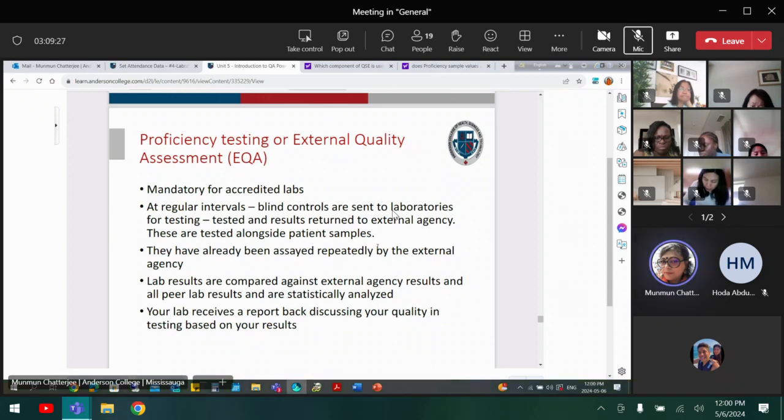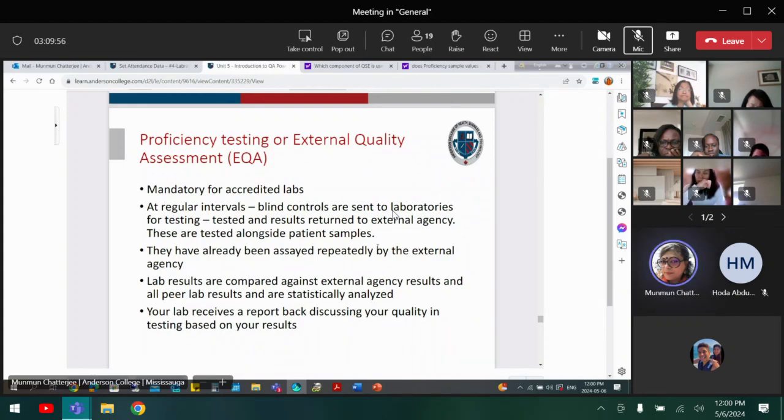Maybe they have tested the sample 10 times repeatedly to make sure of the range and what the maximum variation is. Then they send these samples out. The lab results are compared against the external agency results. That means the different labs send their results, and these are compared with the external agency results.